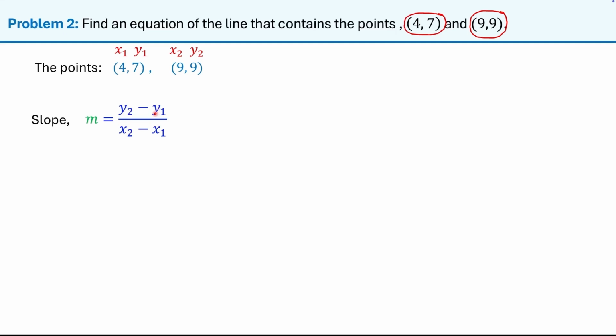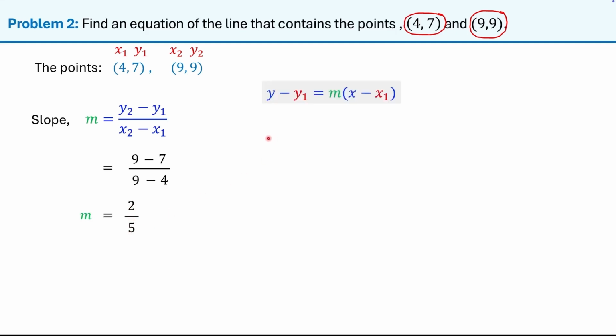You get m is equal to y2, which is 9, minus y1, which is 7, divided by x2, which is 9, minus x1, which is 4, is equal to 9 minus 7, which is 2, divided by 9 minus 4, which is 5. So, the slope is 2/5.